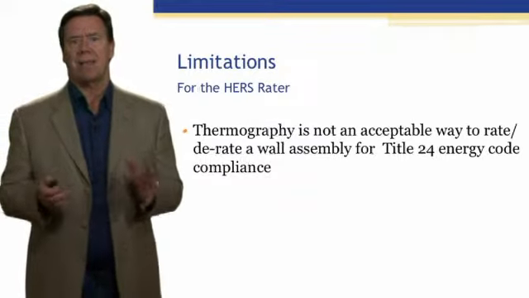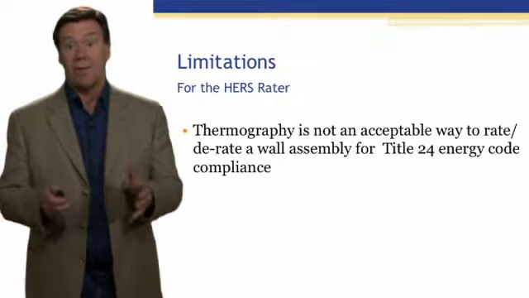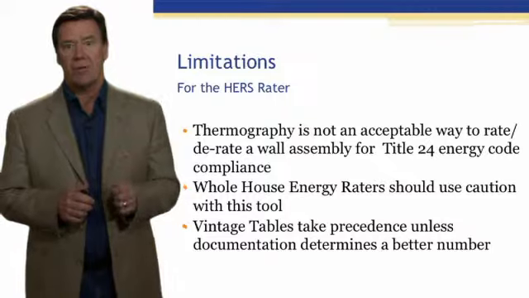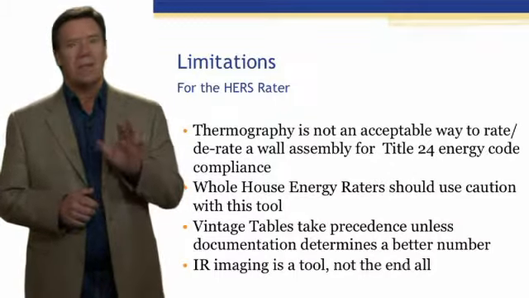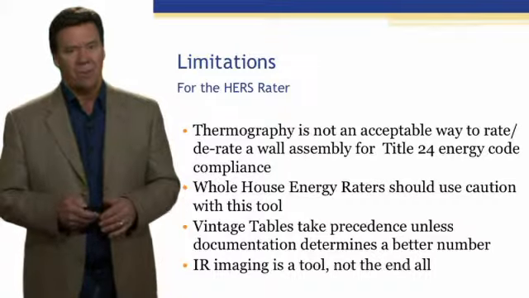Thermography is not an acceptable way to rate or derate a wall assembly for Title 24 code compliance. Whole house energy raters should use caution with this tool. Vintage tables take precedence unless documentation determines a better number. IR imaging is a tool, not the end-all.